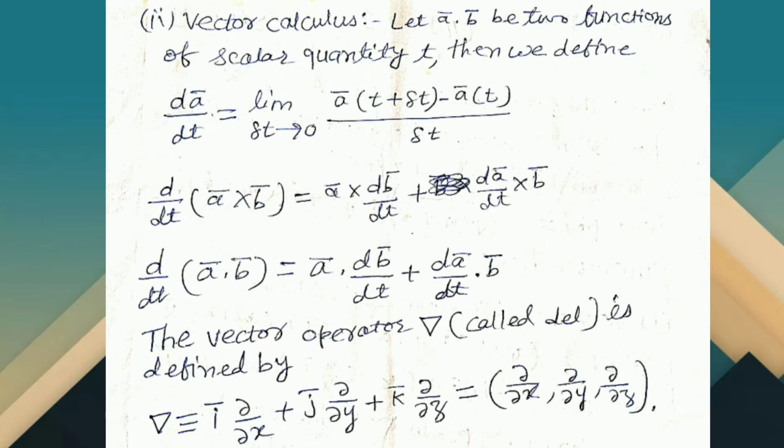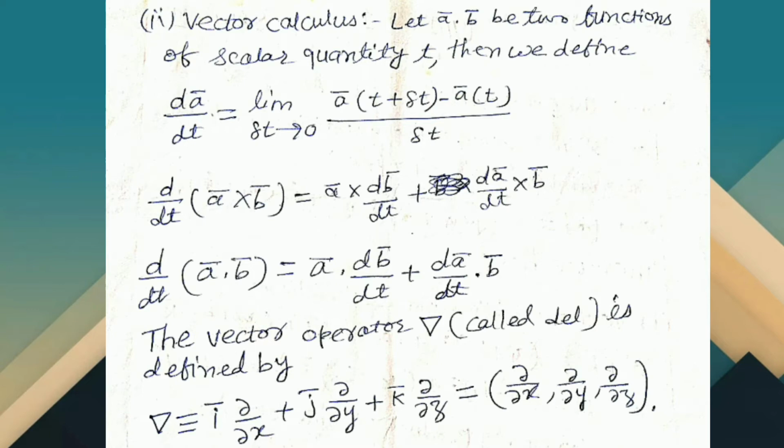Now the third concept is vector calculus. In vector calculus, suppose a bar and b bar are two functions of scalar quantity t, then we define d by dt of a bar as the limit of a bar of (t plus delta t) minus a bar of t, divided by delta t, as delta t tends to 0.